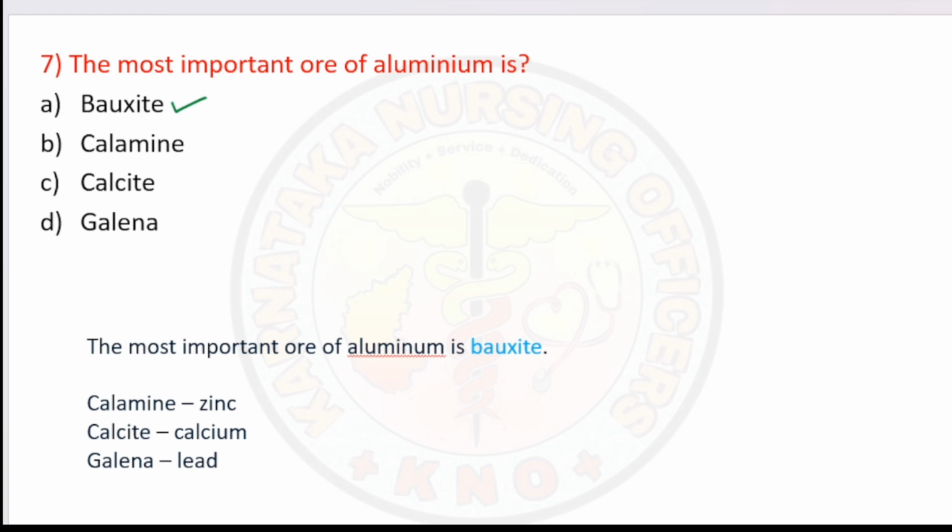And what are the other ores? So here option B, calamine, is the important ore of the element zinc. Okay. And what is calcite? So calcite is the ore of the element calcium. And what is galena? So galena is the primary ore of the element lead.